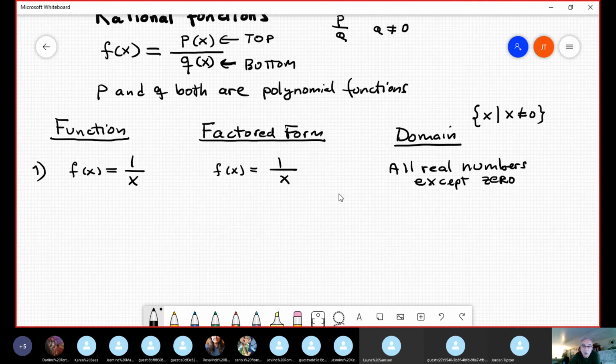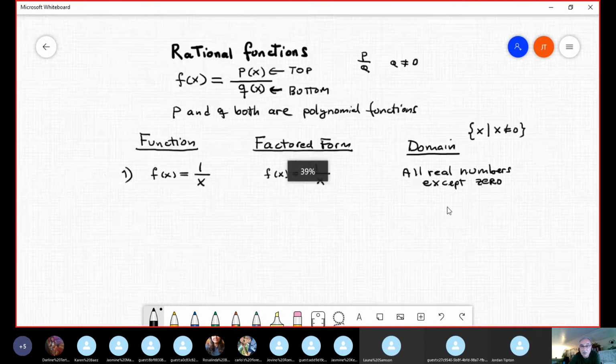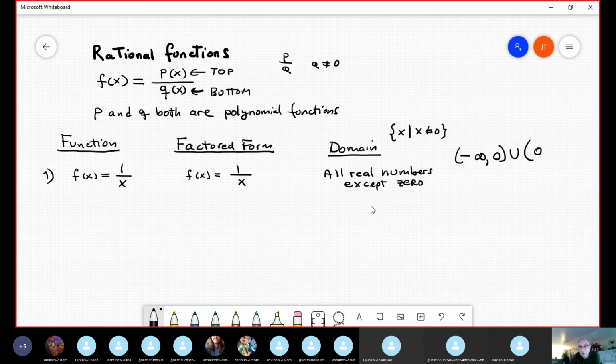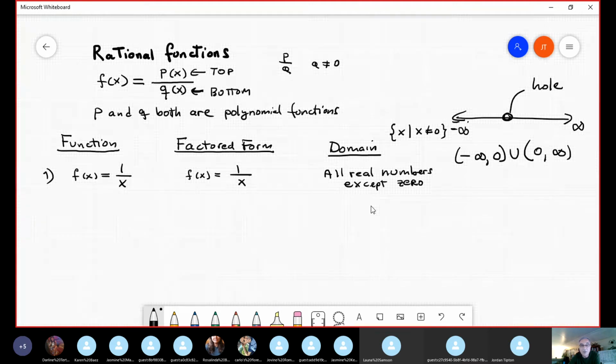This is one possibility. I like interval notation so much in the test. And the interval notation is from negative infinity, comma 0, parenthesis, union, 0, comma infinity. Because, remember, this is my real number line, infinity to the right, minus infinity to the left, and we have immediately here one hole. And the hole is 0.